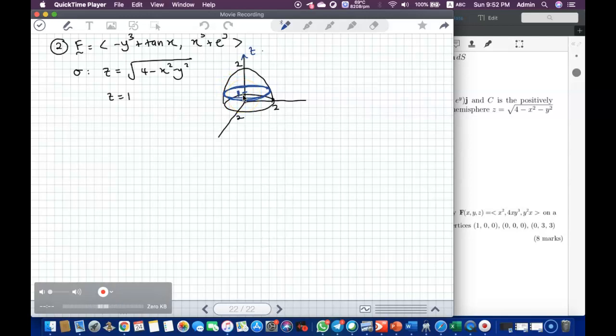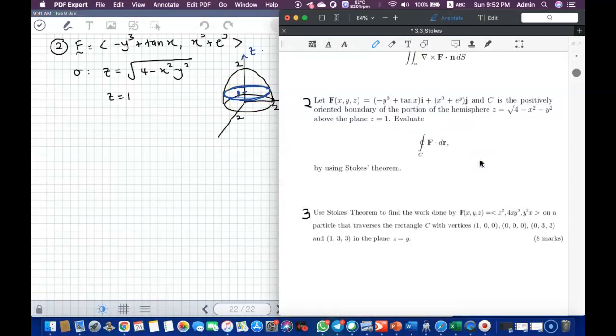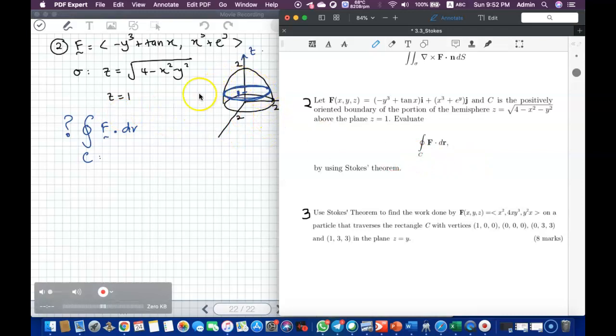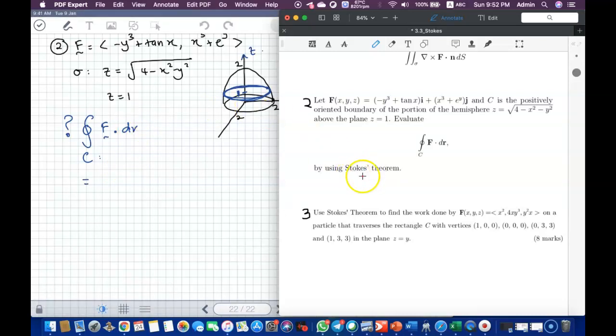So the question asks to evaluate the line integral of F dot dr where your curve is a circle. But what is the size of the circle? In this case, we don't bother about the C, but we want to compute the surface integral, because the question asks for using Stokes' theorem.